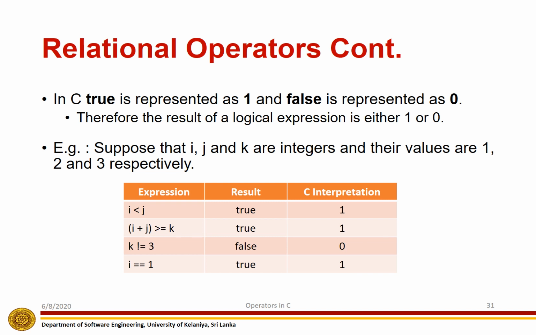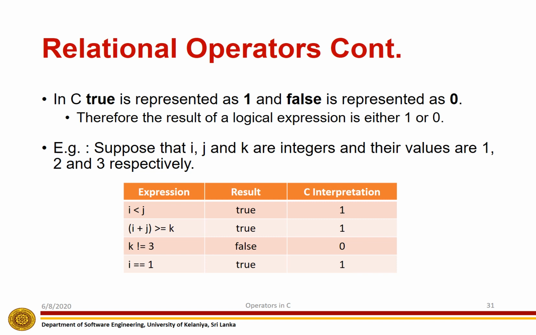So the result of a logical expression is either 1 or 0. For example, suppose that i, j and k are integers and their values are 1, 2 and 3 respectively. So look at the table. i is less than j, it means 1 is less than 2, it is true. So in C it will be 1. Then next, here we have to first evaluate the inside of the parentheses.